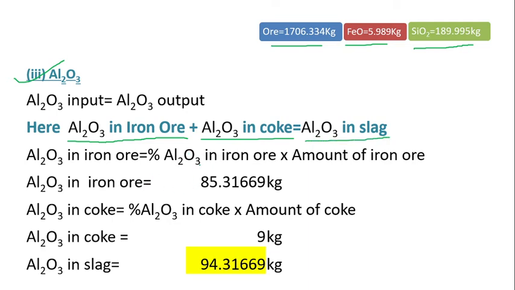So from this we can calculate all the things, as there is no aluminum in the metal phase, so the only output is your slag phase. So from this we can calculate the Al2O3 in the iron ore to be 85.31 kg, and in case of coke, that is 0.9 into 900 kg, that is 9 kg, and the Al2O3 in the slag will be the summation of these two, that is 94.31 kg.